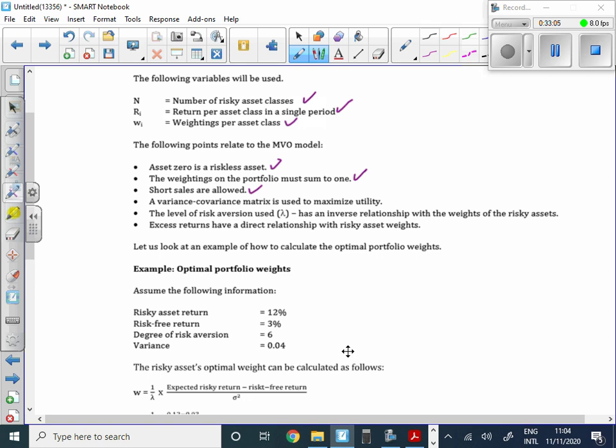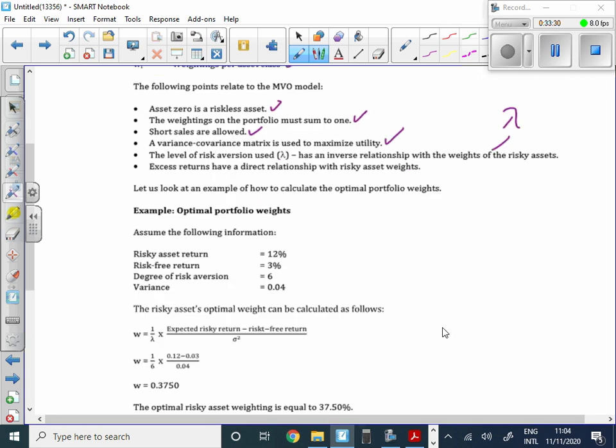I hope it reminds everybody of that. Variance-covariance matrix is used. In other words, we are taking into account the correlations between the various assets. We also look at the level of risk aversion. Remember, that's the lambda. Nothing's changed. We've seen that before, guys. And excess returns have a direct relationship with risky asset weightings.